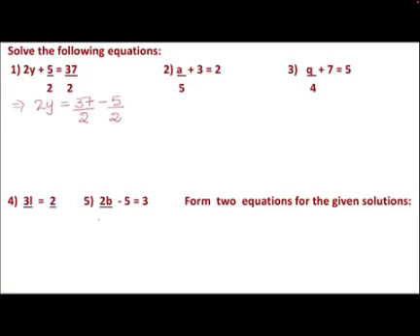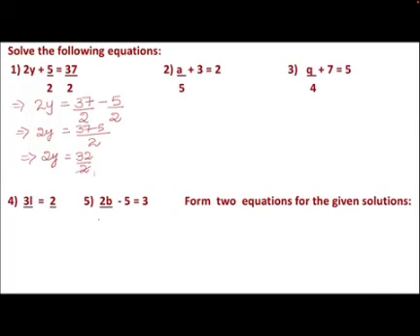Children, I hope you are able to understand this. So, here 2y remains the same. Now 2 is the denominator, is it not? LCM is 2. 37 minus 5. So 2y equals 37 minus 5 is 32 divided by 2.